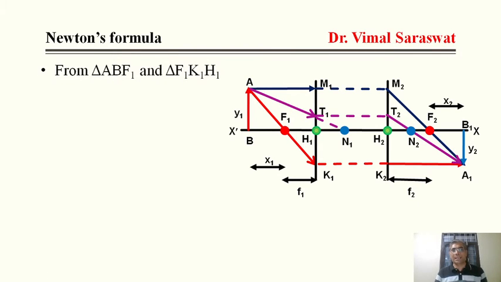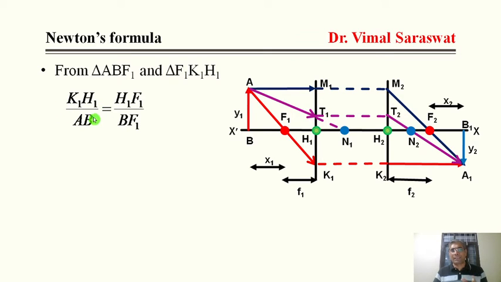Now from triangle ABF1 and triangle F1K1H1, K1H1 upon AB is equal to H1F1 upon BF1.